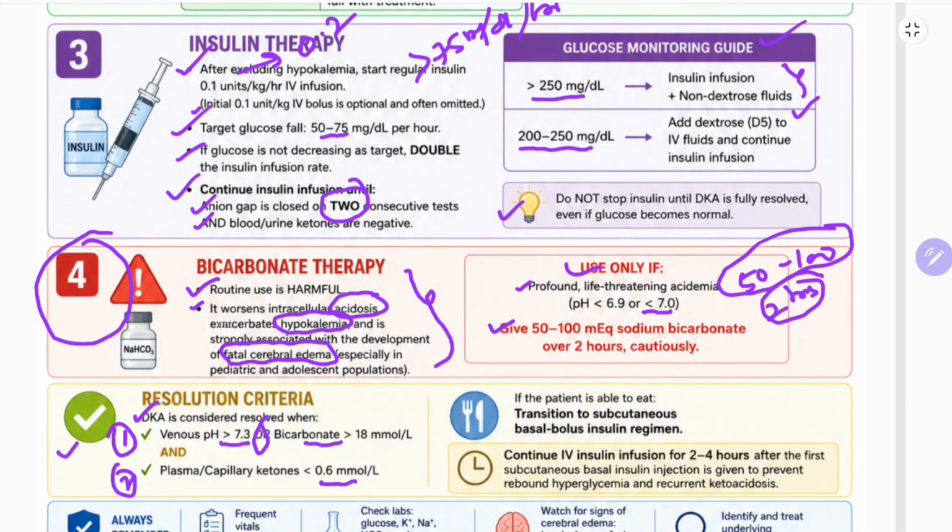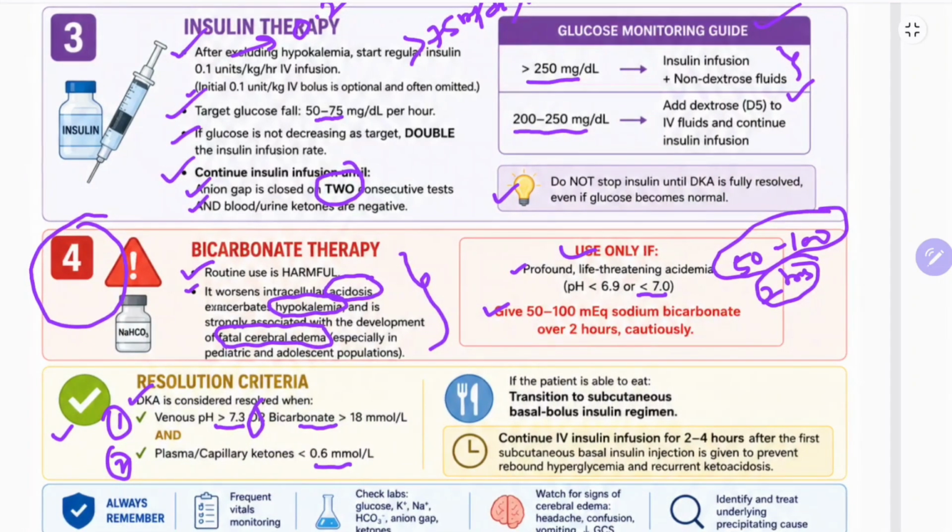DKA means diabetic, hyperglycemia; keto, ketones; acidosis, acidemia. So this ketoacidosis should resolve: serum ketones less than 0.6 millimole per liter, and pH more than 7.3 or bicarbonate more than 18 millimole per liter. That is the resolution criteria.